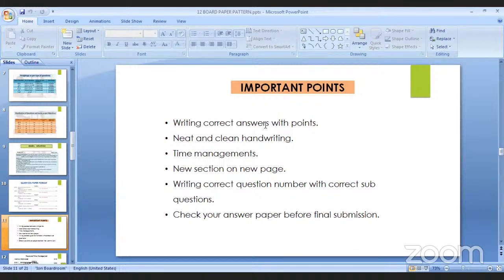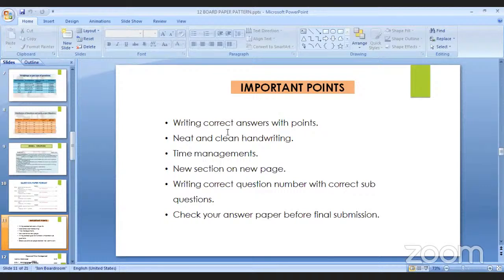So either attempt it properly initially, or if you are not sure, attempt it at the end. If you don't know any question, keep a space there and attempt the answer at the end.